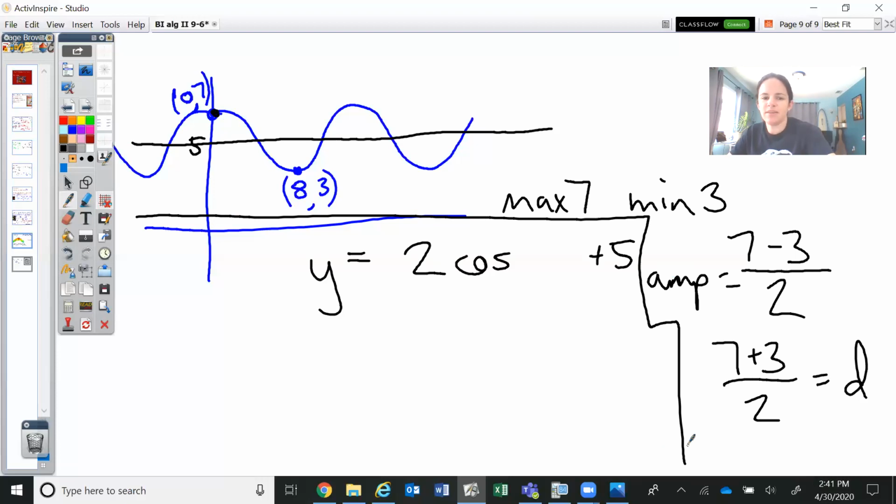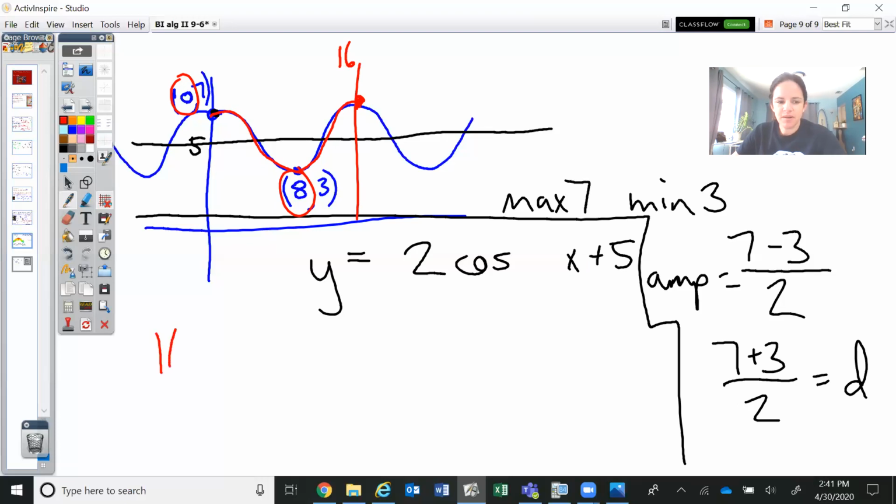And now the only thing left that I have to find would be the b value based on the period. So I can see that I've traversed half of a cycle from x equals 0 to x equals 8, which means that a full cycle would be from 0 to 16.